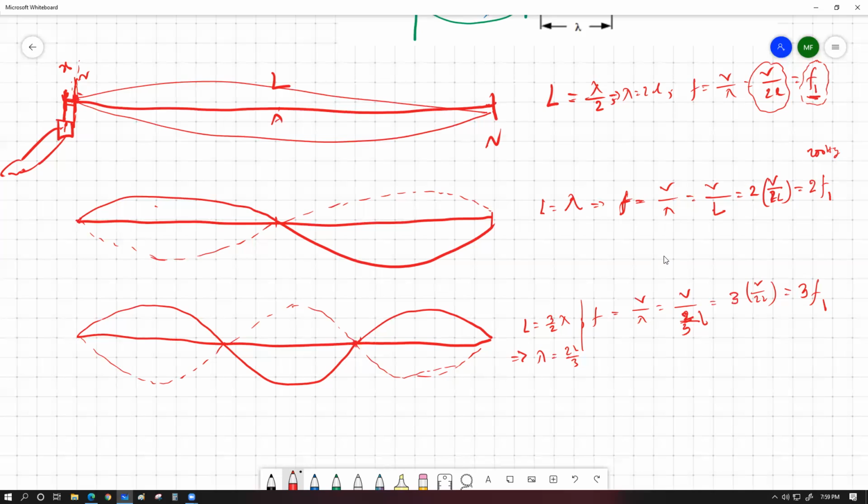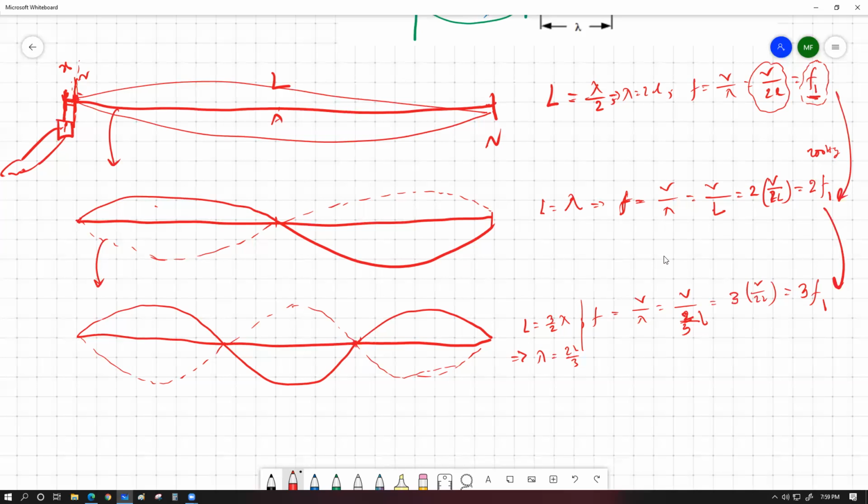These are something that we call discrete numbers, and the fundamental frequency is the smallest frequency that you can get, but the lambda is the biggest. As your lambda slowly becomes smaller, from this figure to this figure, from this figure to this figure, the wave is getting squashed. As a result, the frequency is becoming bigger. So this is how a certain wire can produce a stationary wave.